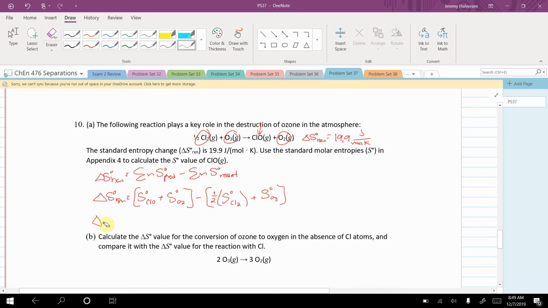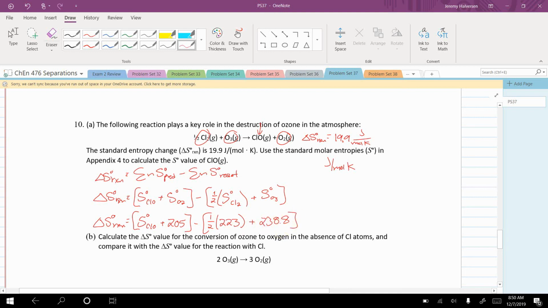So if I look up those values, this is the one I'm solving for. And I've got O2, which is 205. Okay, and all of these are in joules per mole Kelvin. Cl2 is 223. And O3 is 238.8.